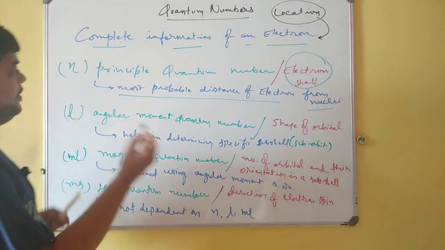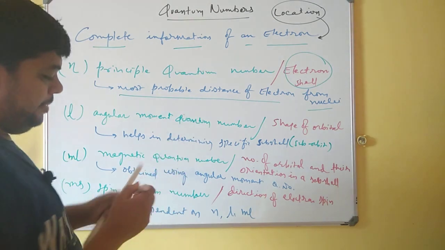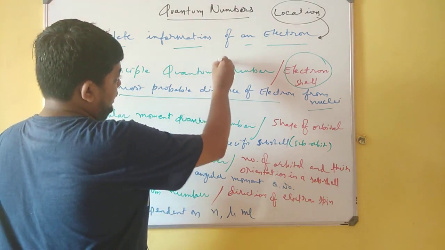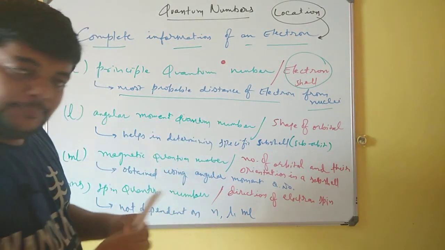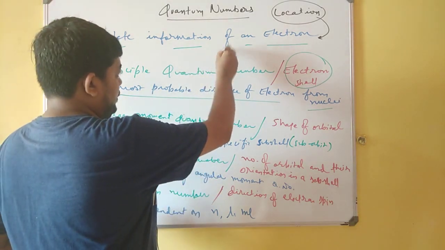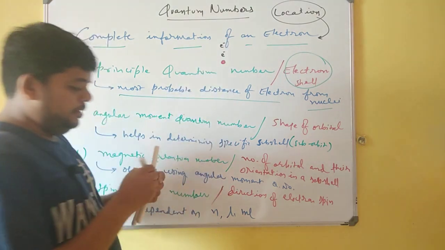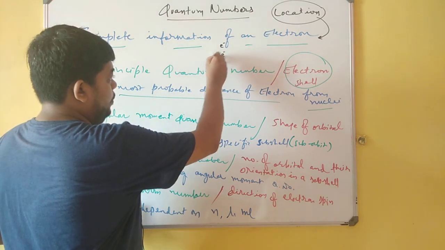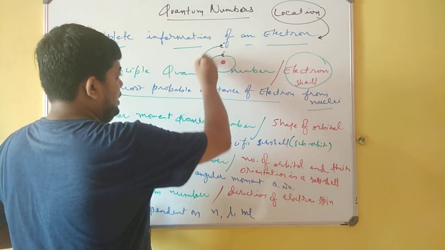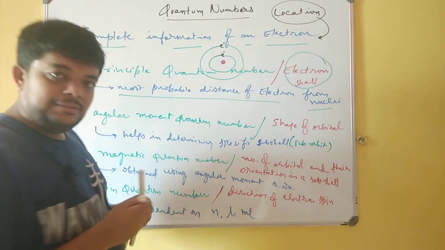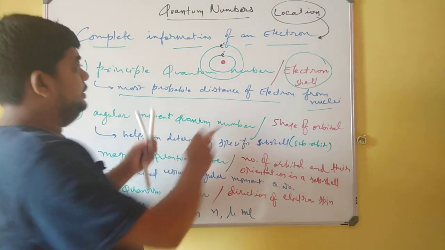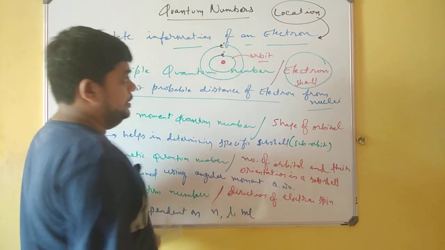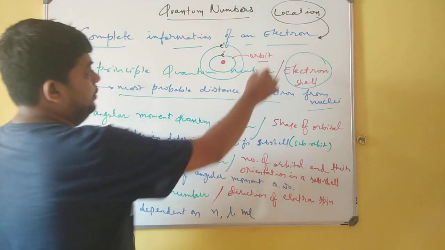So friends, when we say the most probable distance of an electron from a nucleus, we mean that if this is the nucleus and one electron is over here, a second electron is over here, the electrons are not just like that. They will be moving in some designated circular path, and that path is known as an orbit.